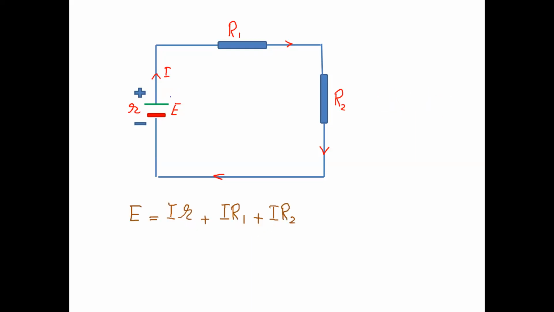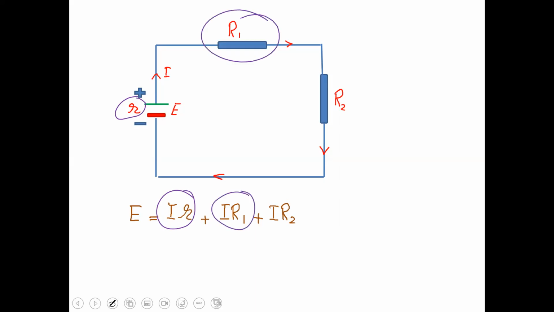Now I have expanded it. Current is the same. IR, where R is the internal resistance, is the voltage loss within the battery. IR1 is the share of the first resistor. IR2 is the share of the second resistor.